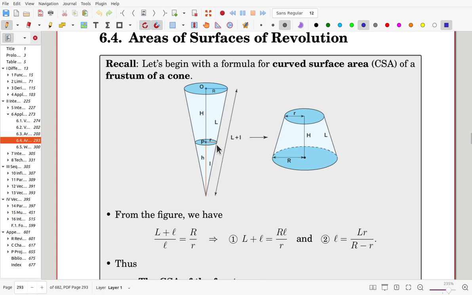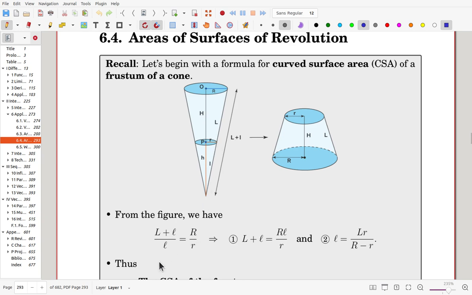This length is little l, that is now capital L, and capital R is the radius, and little r is the radius here. If we consider the right triangle, then this whole length divided by this portion is the same as this radius divided by this radius.